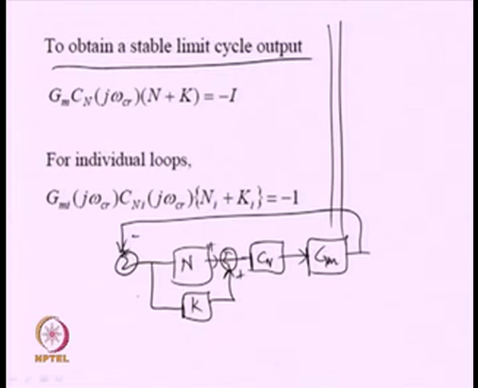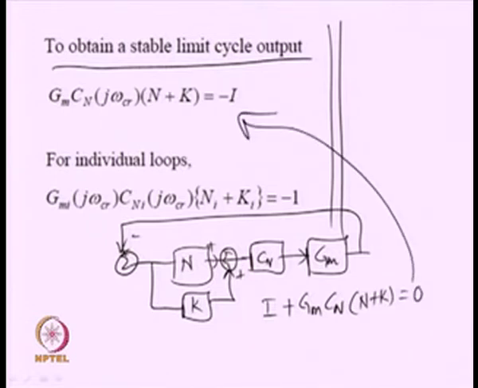So, this will give a characteristic equation of the form I plus Gm Cn (N plus K) is equal to 0, and using that I get the analytical expression Gm Cn(j omega CR)(N plus K) is equal to minus I when s is substituted by j omega CR.